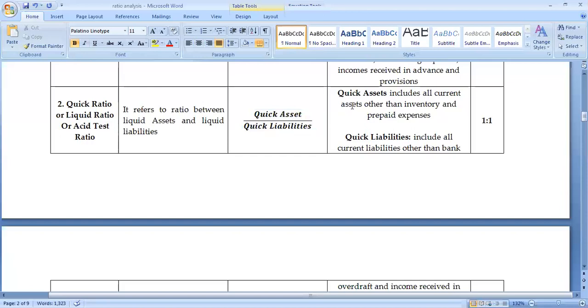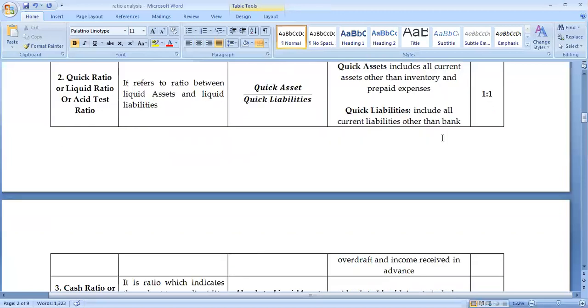What does quick assets include? Quick assets include all the current assets except the stock or inventory and the prepaid expenses. Clear? And what does quick liability include? Quick liability includes all the current liability except the bank overdraft and any income received in advance.